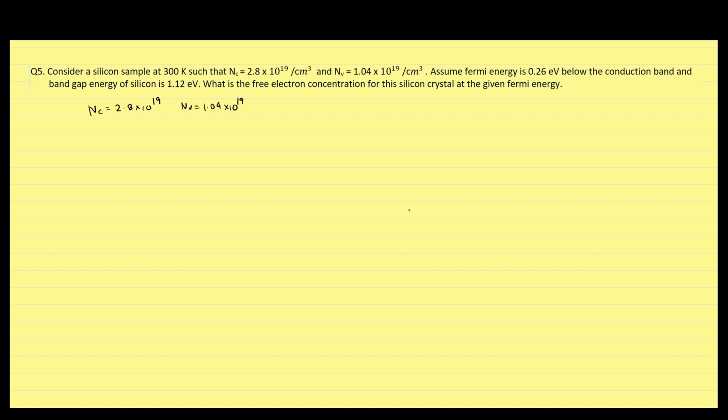It is also given that Fermi energy is 0.26 electron volt below the conduction band and band gap energy Eg is given 1.12 electron volt. Now the question is asking free electron concentration.